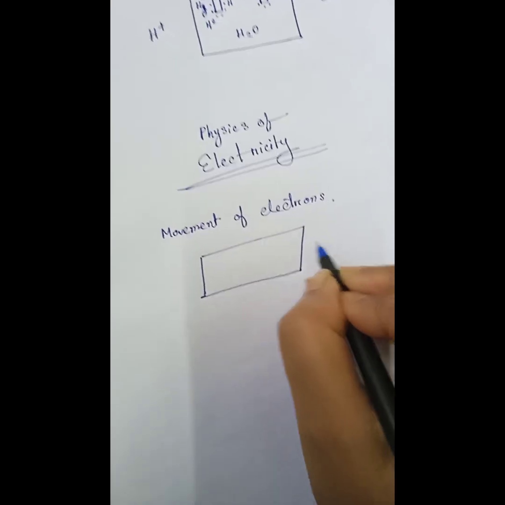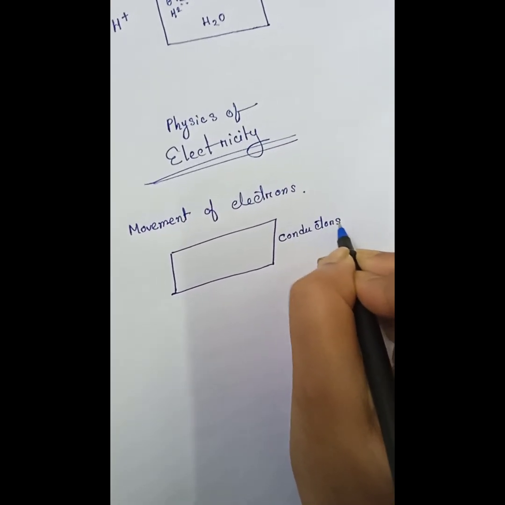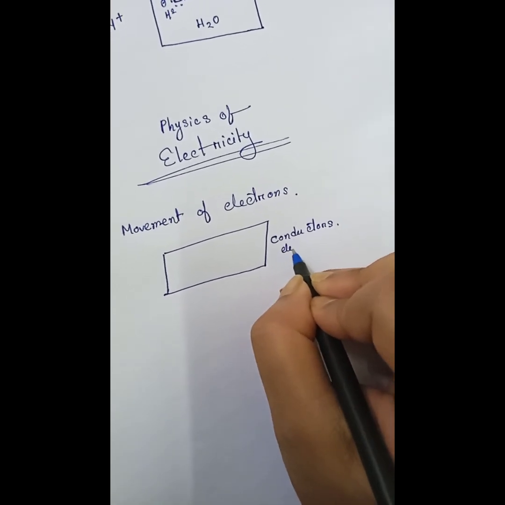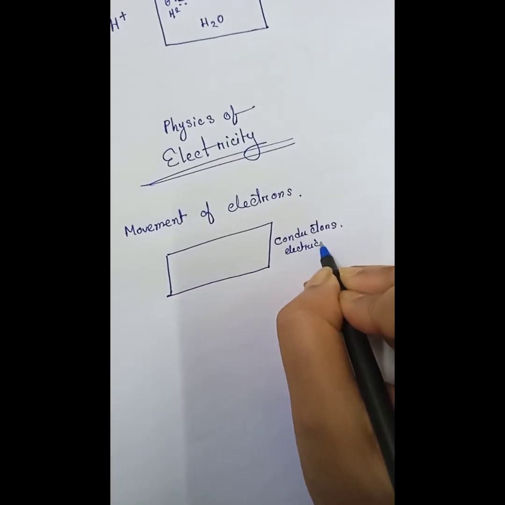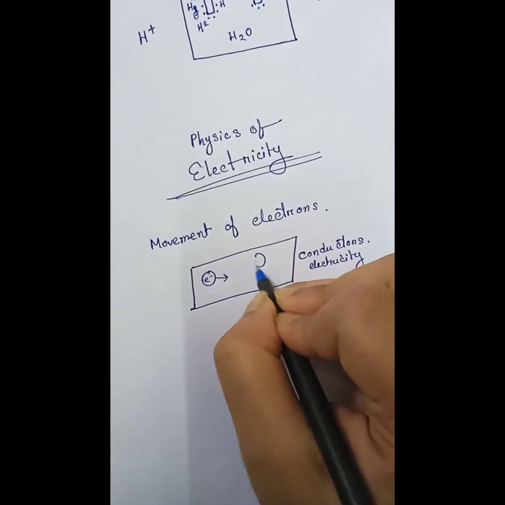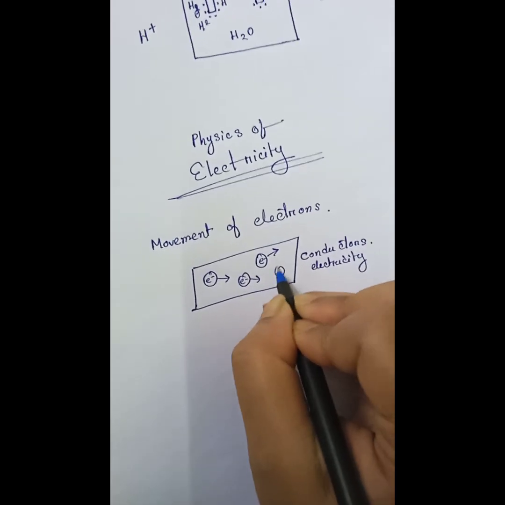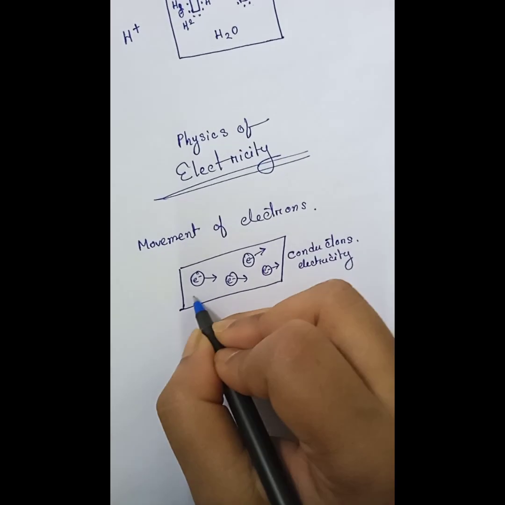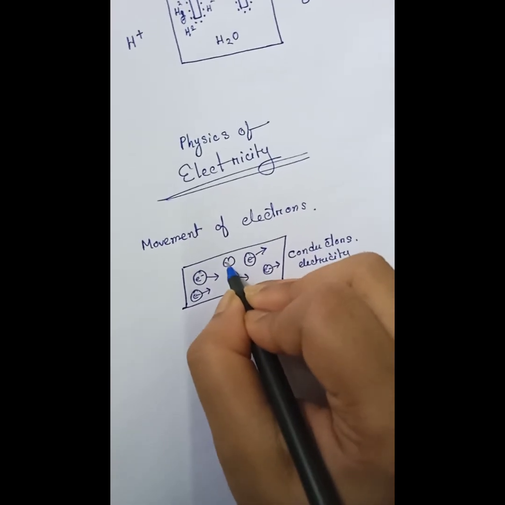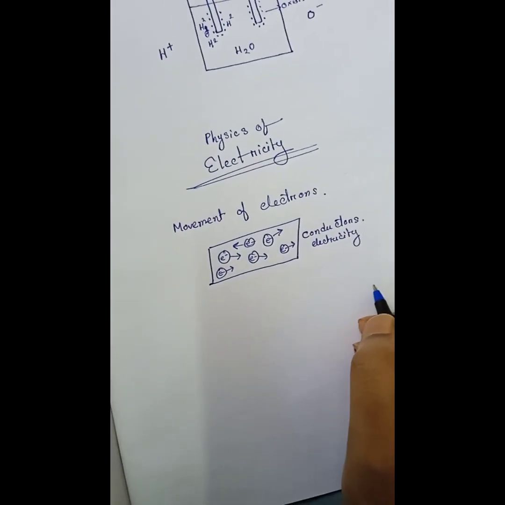If you take a conductor, maybe copper or iron, you can see the electrons are present there and they are free to move in any direction normally. Whenever we give an electric charge to that conductor, the electrons will take a specific direction to move.